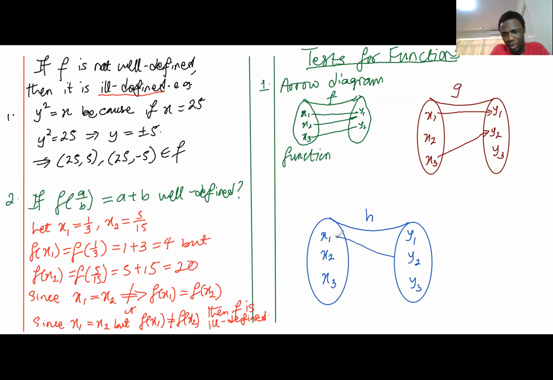And this is mapped to that. Okay, that's actually what I was looking for. This is mapped to that. This is mapped to that.